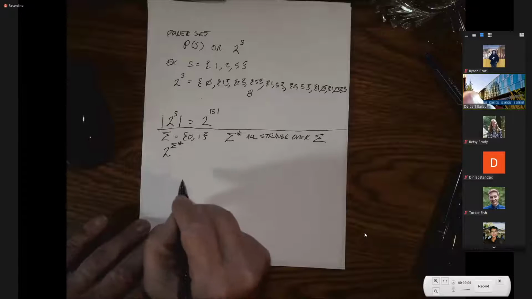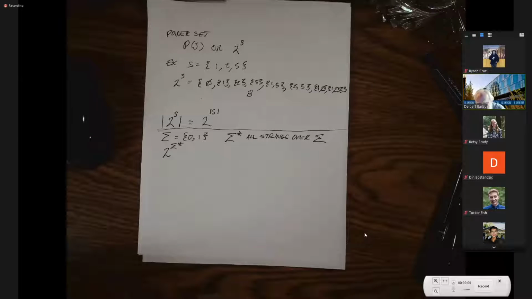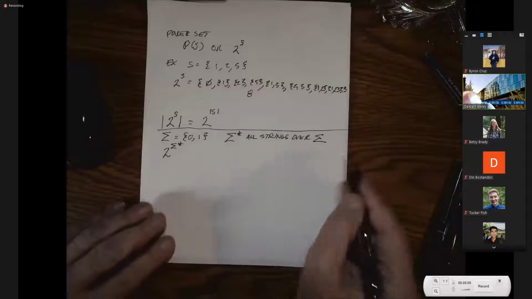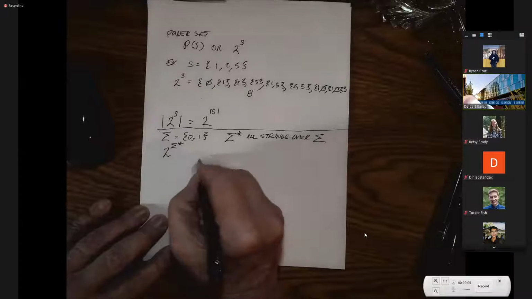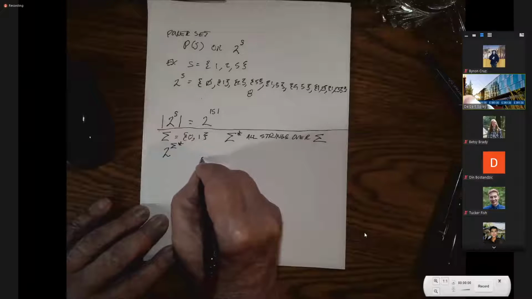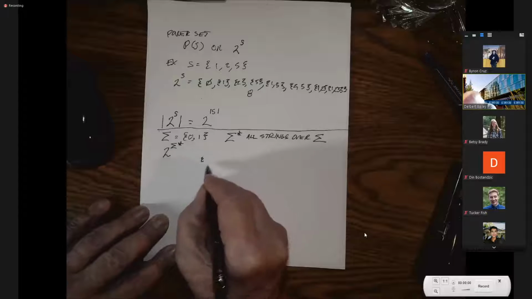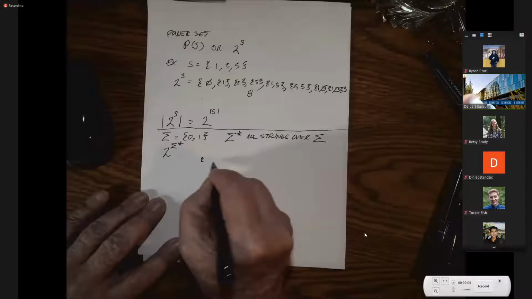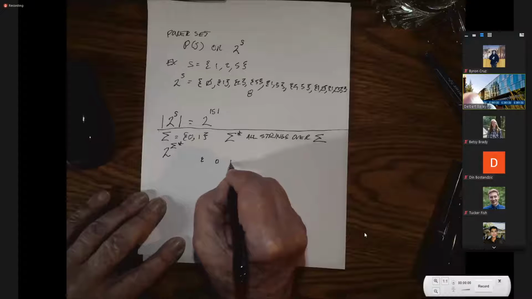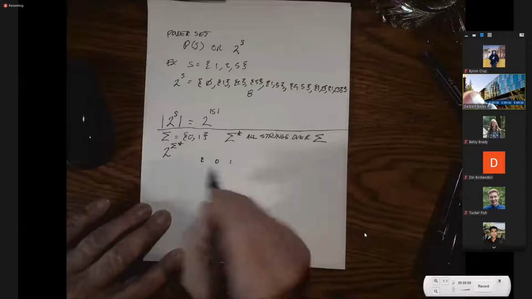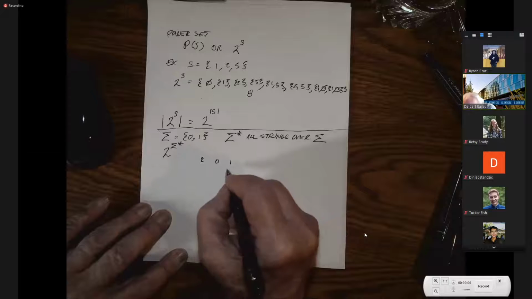Okay, so again, first I'm going to show a way of representing subsets, let's say, of sigma star. So one string is the empty string, and there's strings that only have one symbol in them. I think you saw this before when we were showing that sigma star is countable, right?